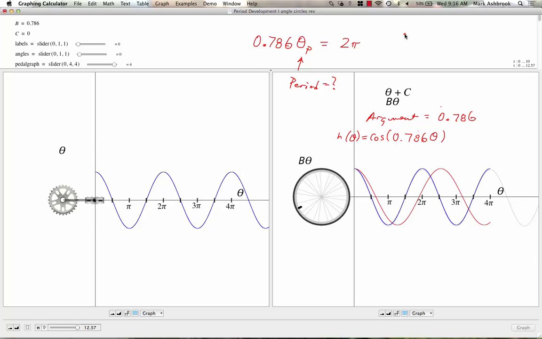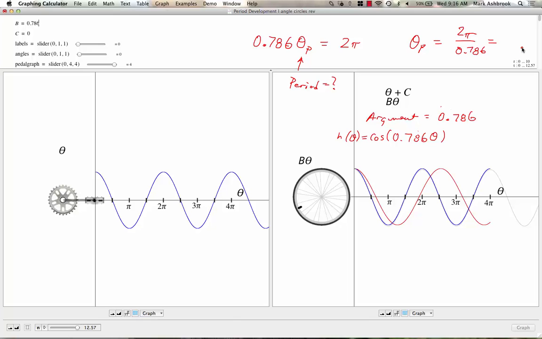So what input angle makes the argument reach 2 pi? 2 pi divided by 0.786.